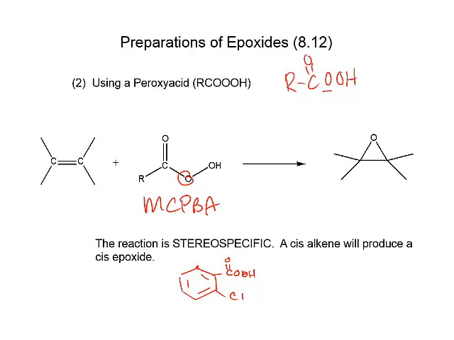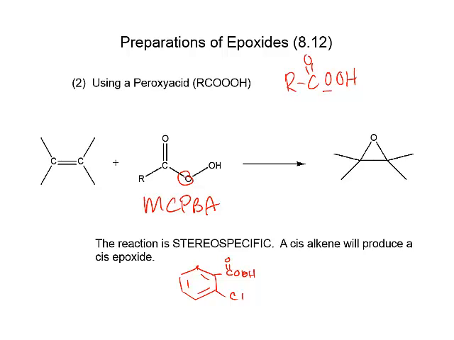That sets up a new type of stereochemistry, a new term. We have stereoselective, we have regioselective, both of which deal with the products. For stereoselective, we're making products that are stereoisomers.